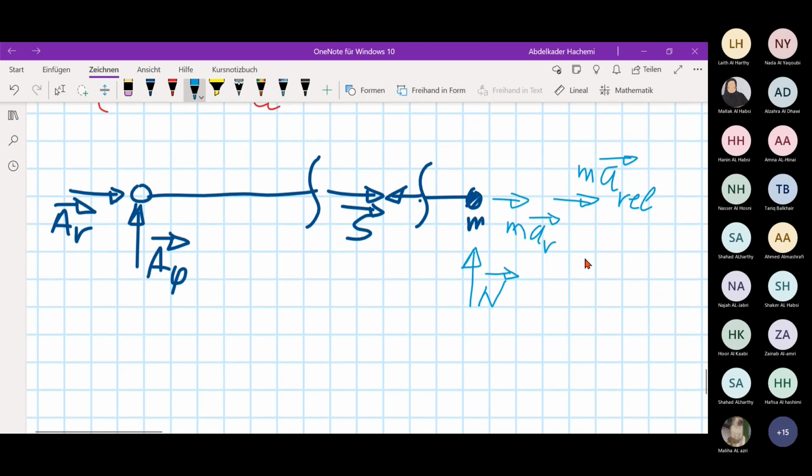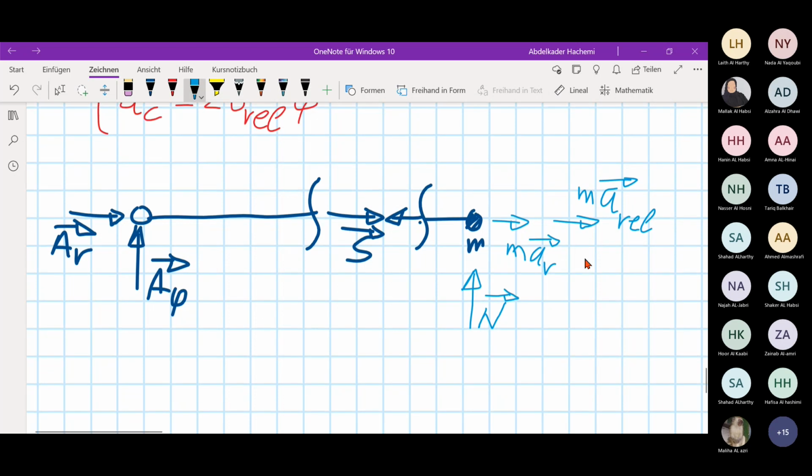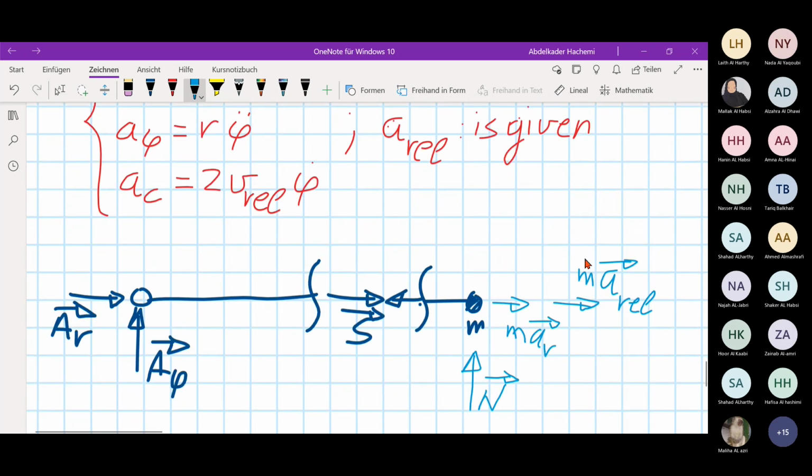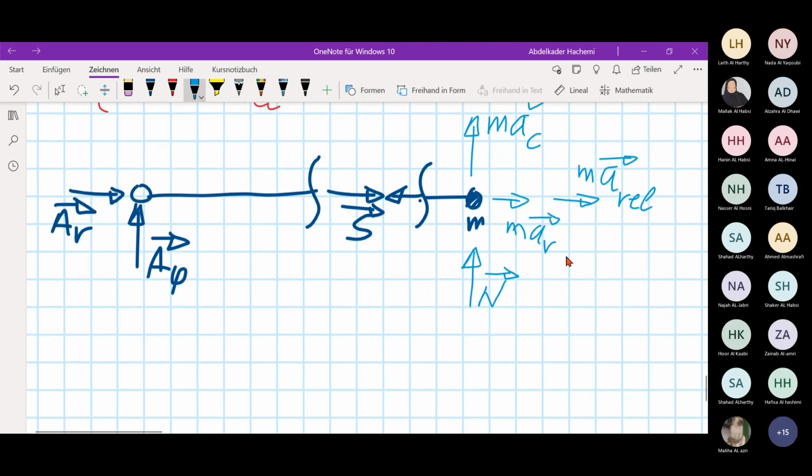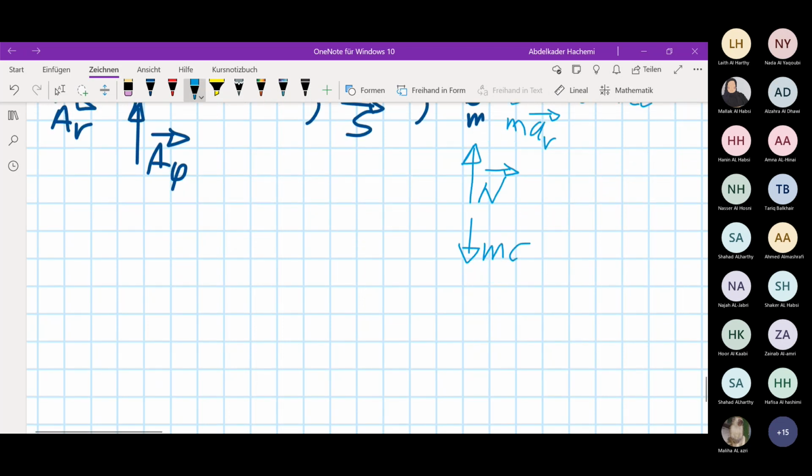And we have also now here the inertial force due to the Coriolis acceleration AC, and we have additionally here the inertia force due to the circumferential acceleration A phi.